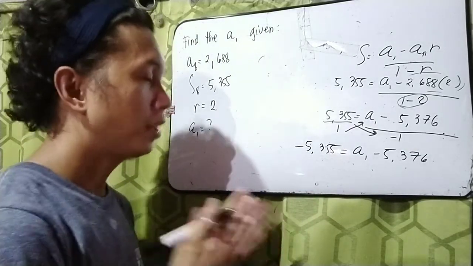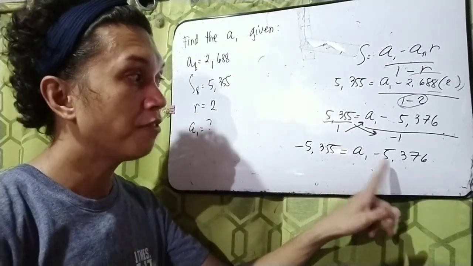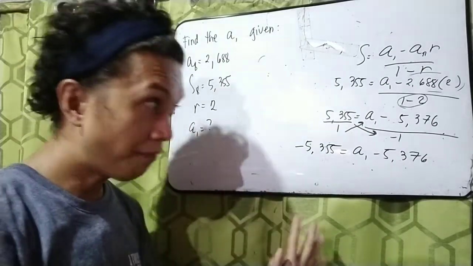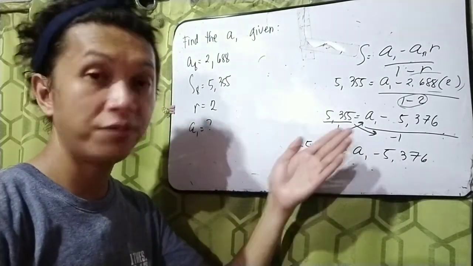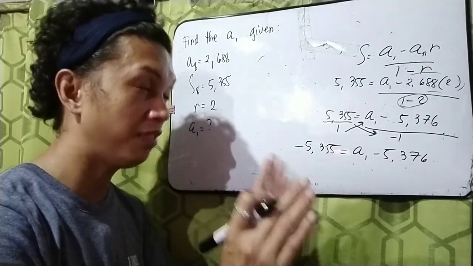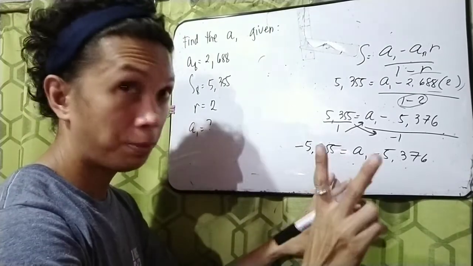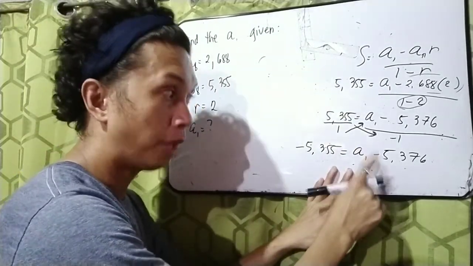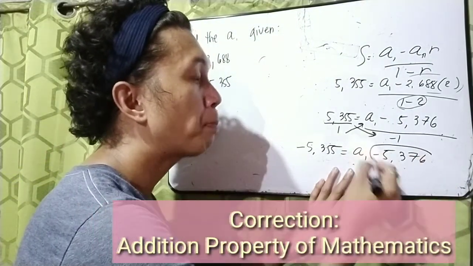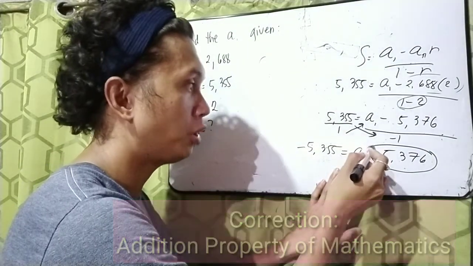Since a sub 1 here has a companion of minus 5,376, whenever the companion of the unknown is separated by minus or plus, all you need to do is apply the addition property of equality, or in shortcut, transposition.